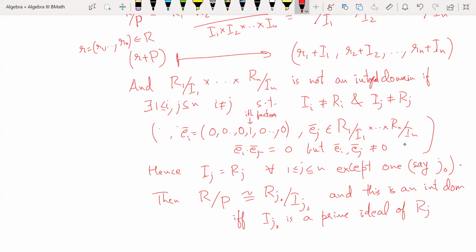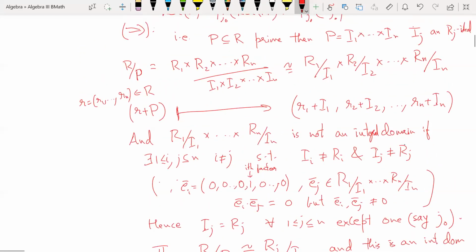Okay, so if P is a prime ideal, then Ij naught must be a prime ideal of Rj naught, and the other factors must be the whole ring for some j naught between 1 and n. Make sense, everyone? So this is how prime ideals look in the product of rings.